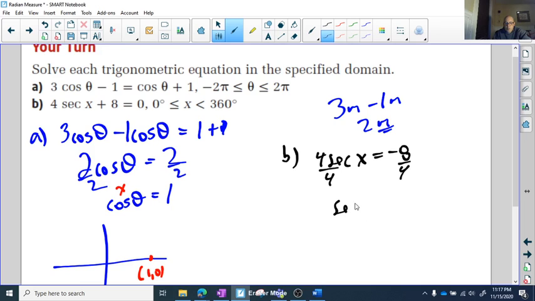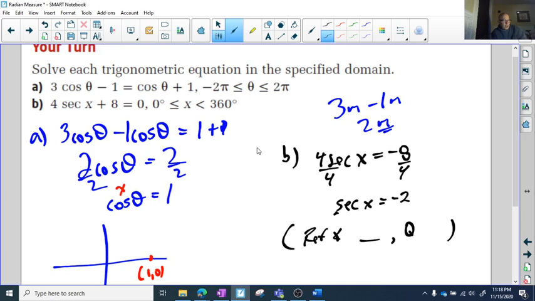Secant of x would equal -8 over 4, which is -2. Now, if you'd rather work with cosine, you could just flip that. Now this is not your quadrantal system, this is now reference angle system. So I'm going to go reference angle and quadrants.